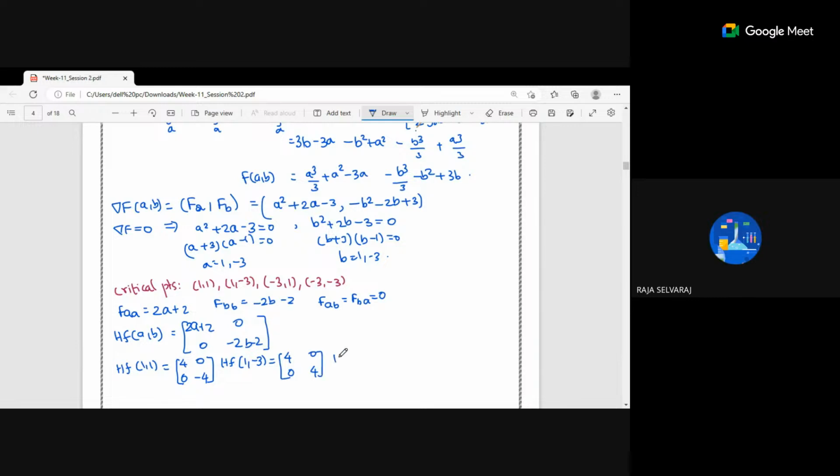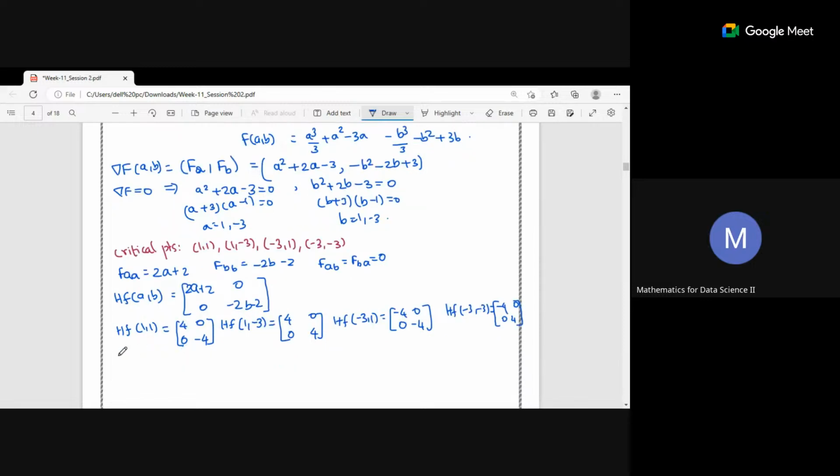And Hf of (minus 3, 1) is [minus 4, 0; 0, minus 4]. Sorry, [minus 4, 0; 0, minus 4] only. And Hf of (minus 3, minus 3) is [minus 4, 0; 0, 4]. Yeah, plus 4.